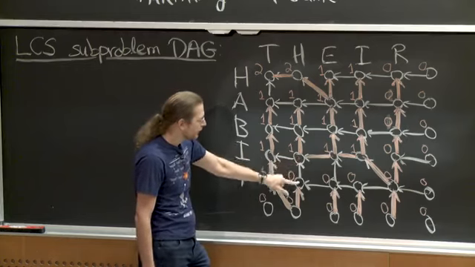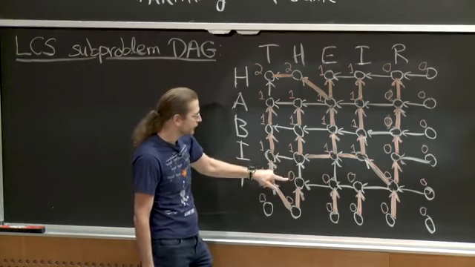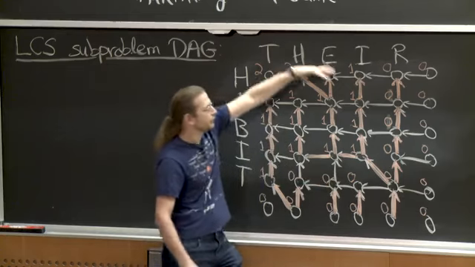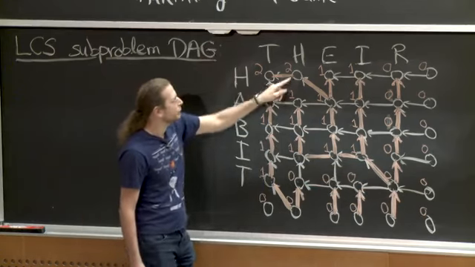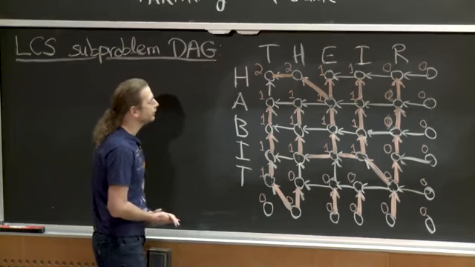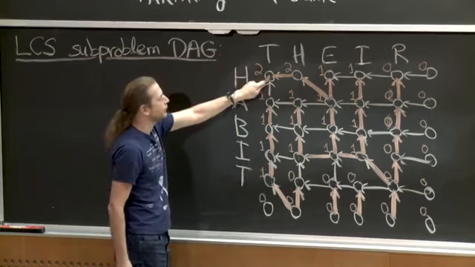We look at the guy below, we look at the guy to the right. Those are the slightly smaller substrings. We look at those values, we take the max. And as long as you compute this in a generally right to left and bottom up fashion, whenever you're trying to compute a guy, you will have its predecessors already computed. That's the topological order of this graph. And then in the end, we get our answer, which is 2.